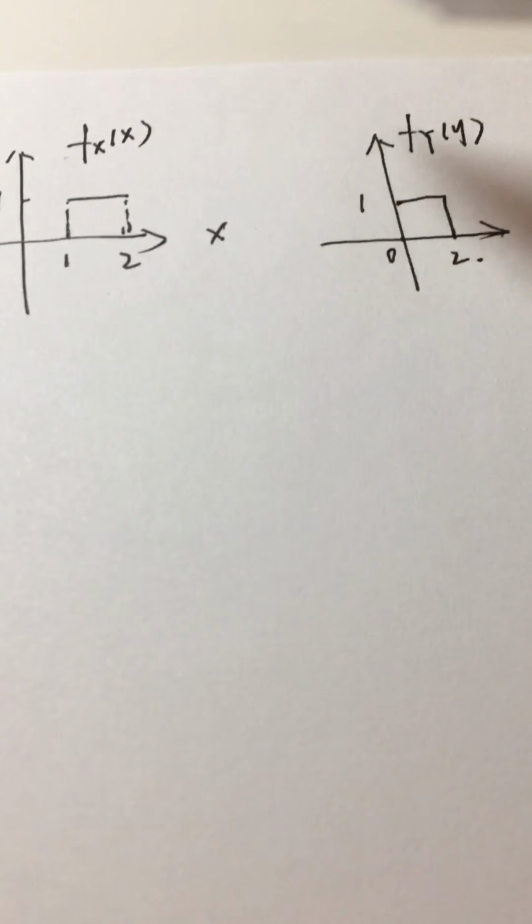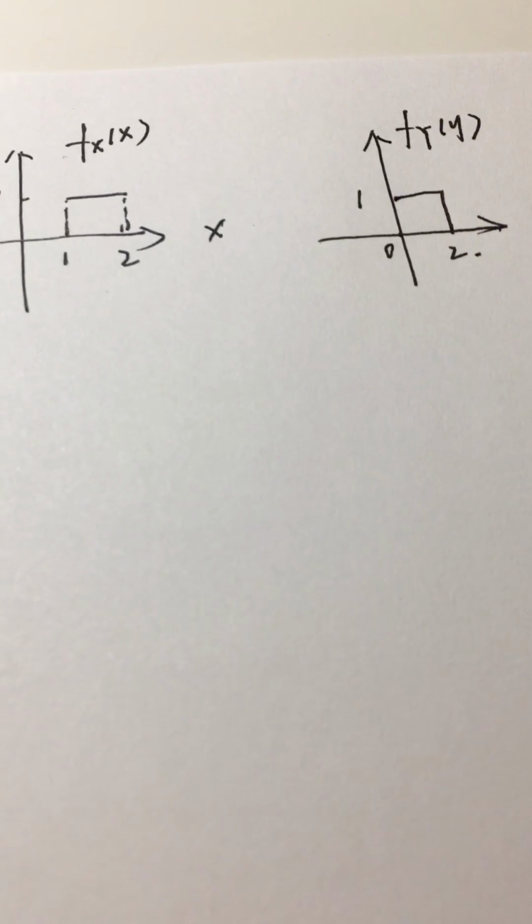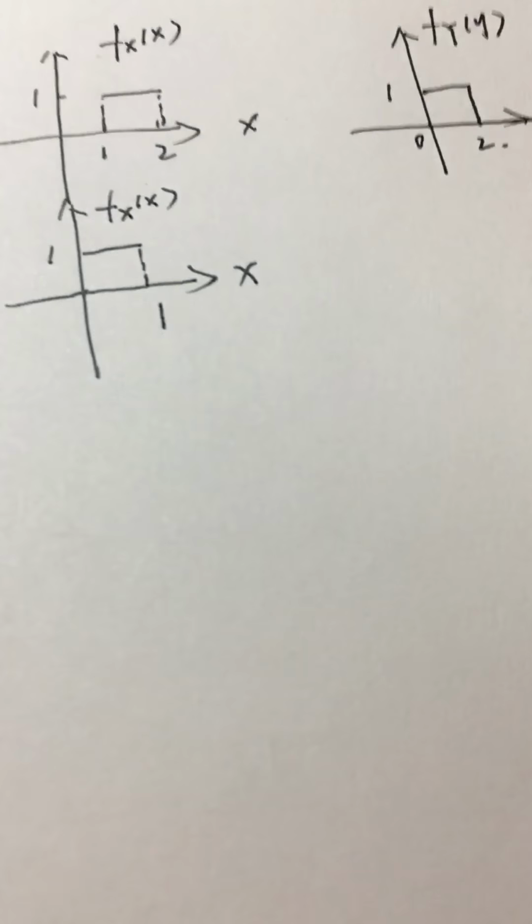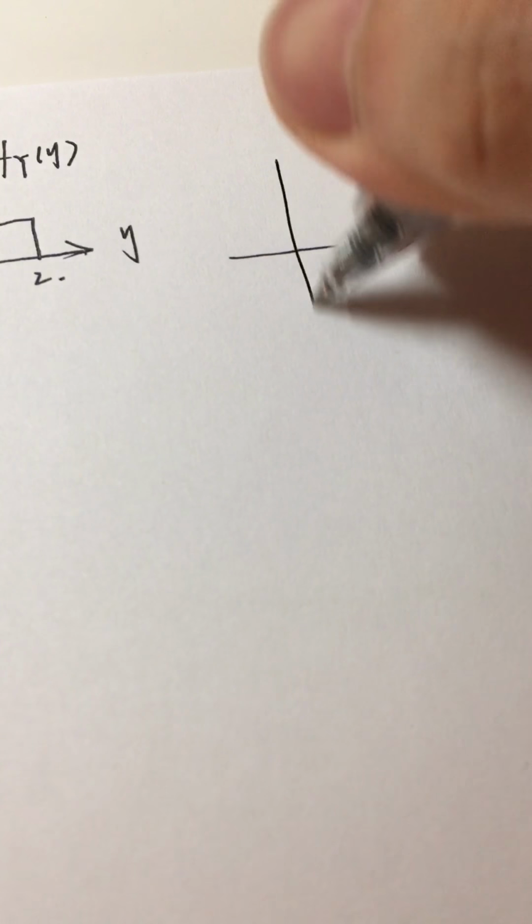We want to know the convolution of f_X(x) and f_Y(y), and we know that it's much easier to slide this picture to the left by 1. And this one and this one, we do the convolution. It's very easy to know the result.